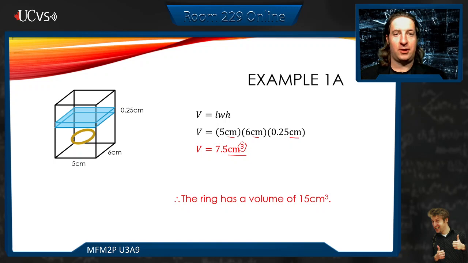So the ring has a volume of 7.5 centimeters cubed. All right, and that's it. We're done. We figured out the shape that it is. I'm going to give you a formula sheet, so you look on the formula sheet, find out what it is. You write out the formula, you plug in, solve, and a final statement. And we're good to go.